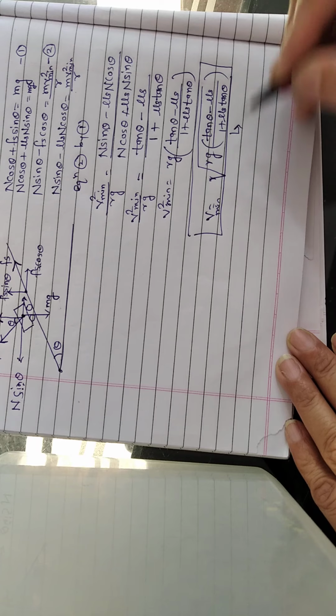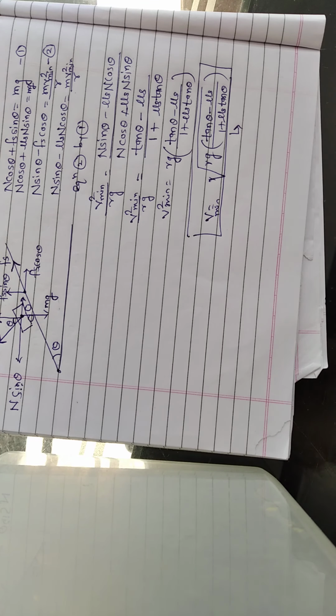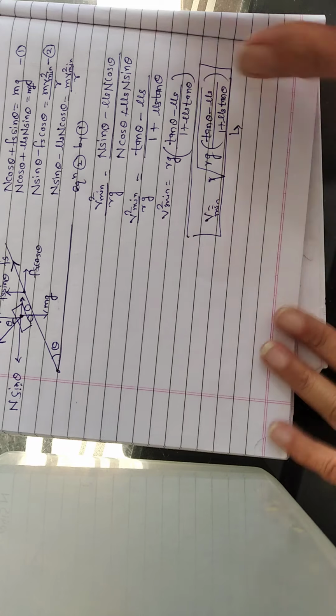So we obtained the expression for the minimum velocity. This mu s, the coefficient of static friction, provides a certain limit to move along the curved road if it is moving with low speed.